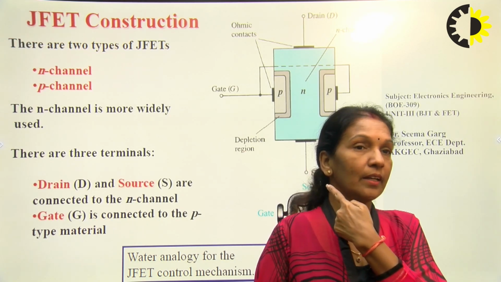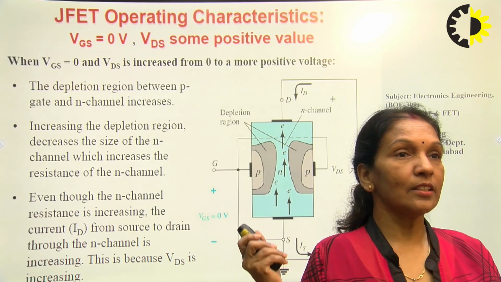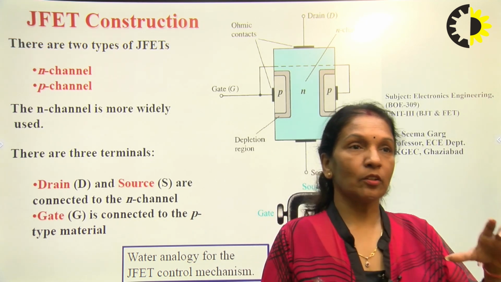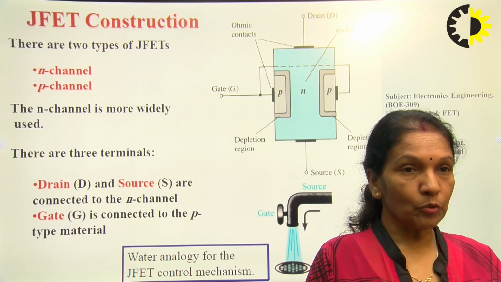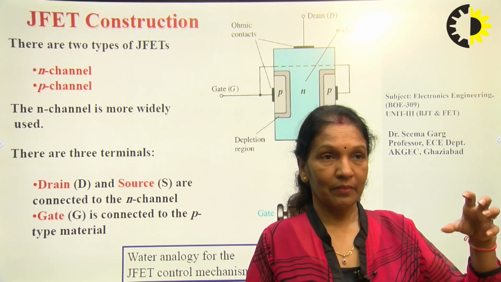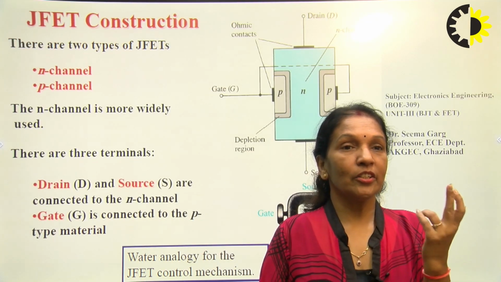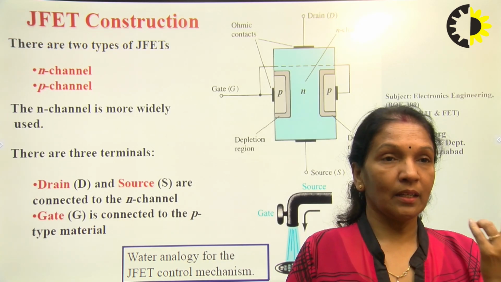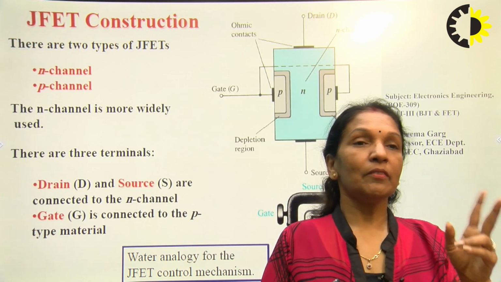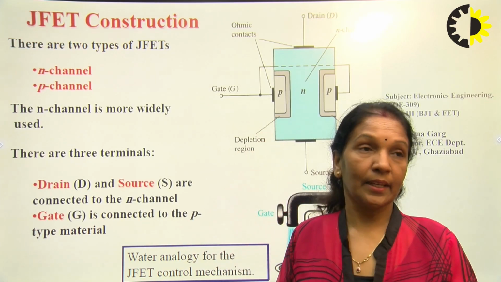We have also discussed the construction of the junction field effect transistor. In this figure we can see the N channel junction field effect transistor, which consists of an N type semiconductor material where two pockets of P-type material have been diffused from both sides. Because of the concentration gradient of charge carriers between the P-type and N-type material, a depletion layer forms at both sides.